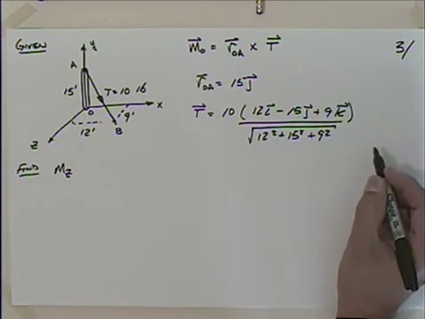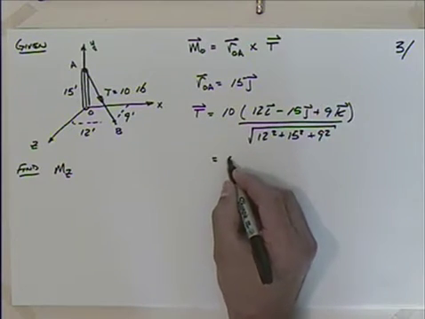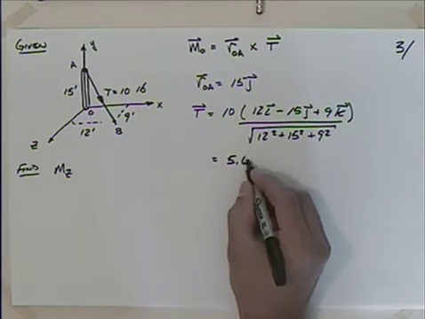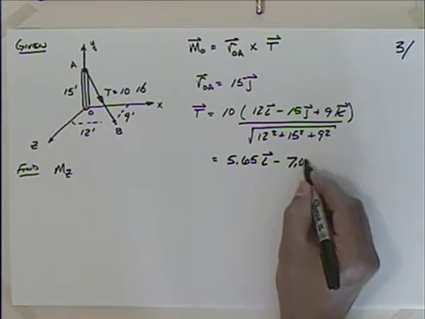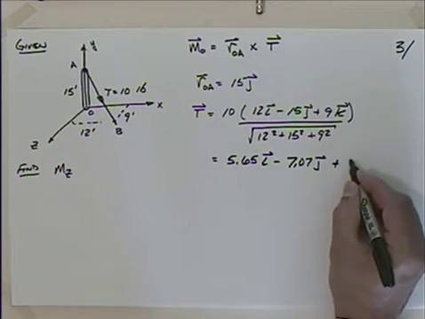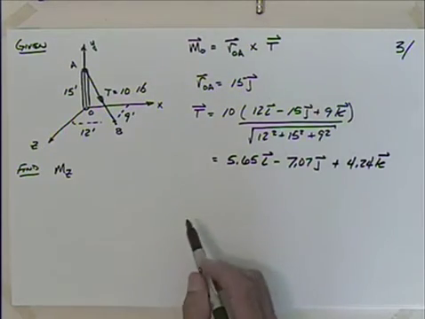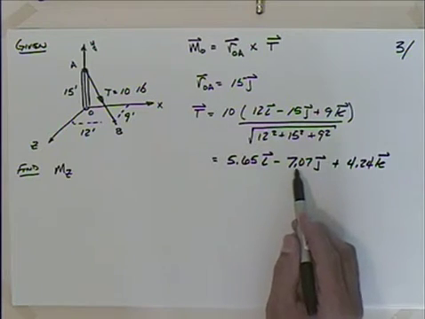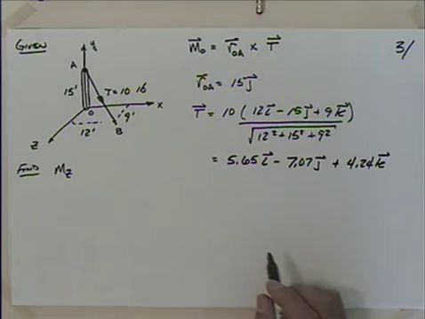And that turns out to give us an answer that is 5.65 in the I, minus 7.07 in the J, plus 4.24 in the K.